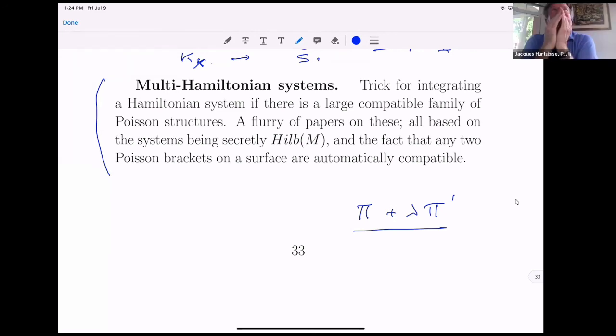Well, yes and no. It's an interesting question, and it was one of Harnad's obsessions for a while, because there's a sort of enigmatic statement that it was somehow linked to geometric Langlands.